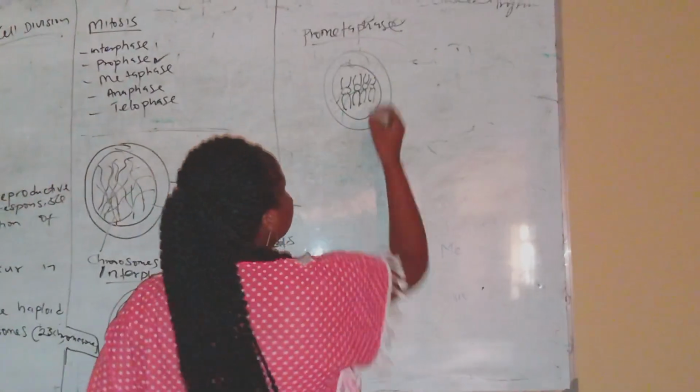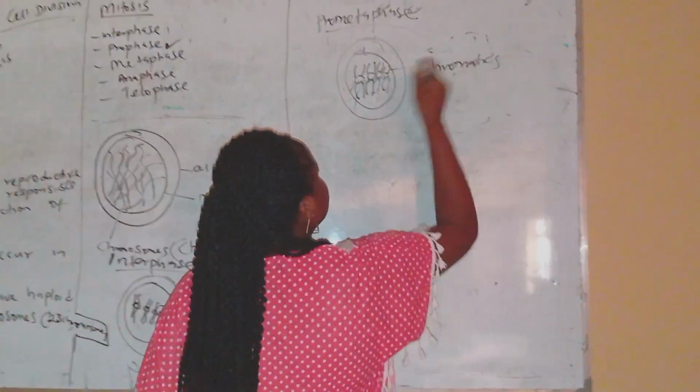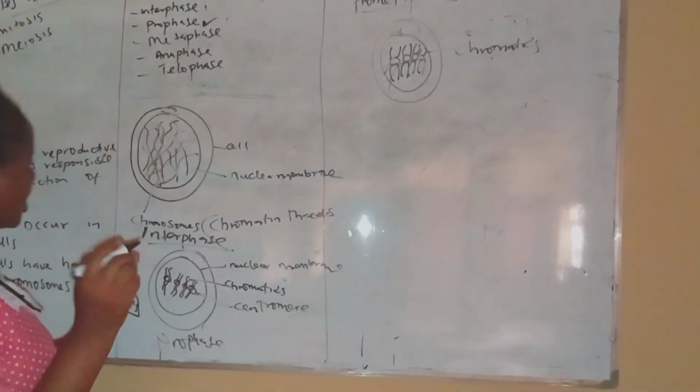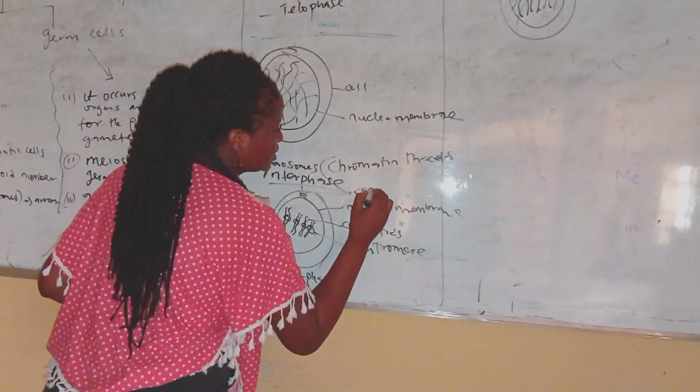These are their representations. You can see the chromatids easily seen. They are well distinguished. So I forgot, do you have your centrum at this point?